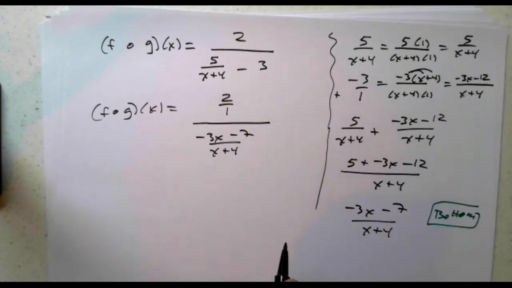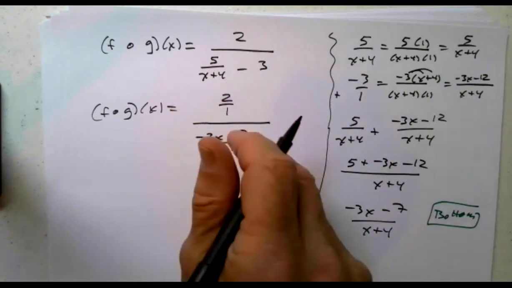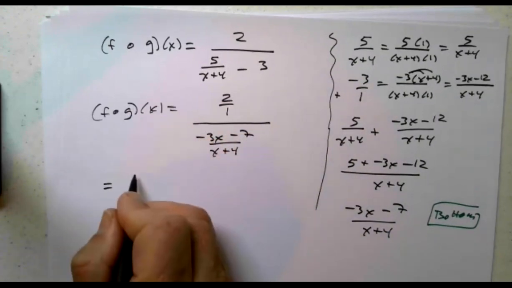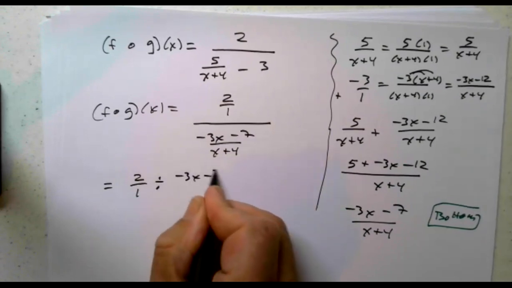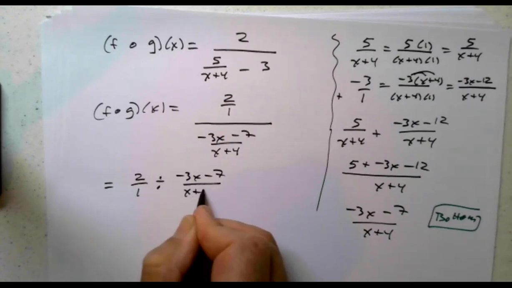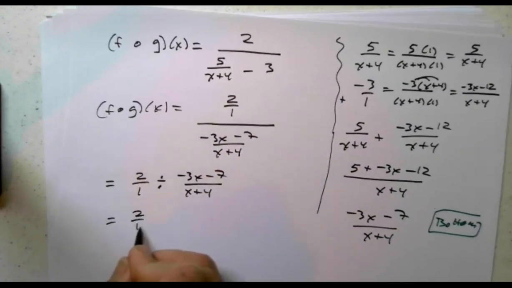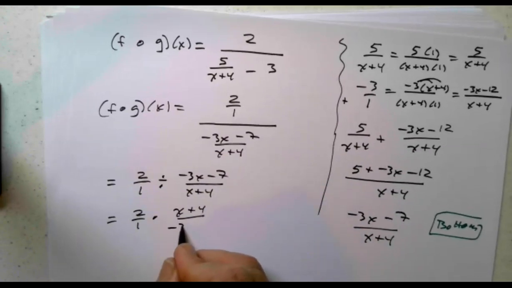So if that's the case, what are we going to do? This means 2 over 1 divided by negative 3x minus 7 over x plus 4. So invert and multiply, we get 2 over 1 times x plus 4 over negative 3x minus 7.